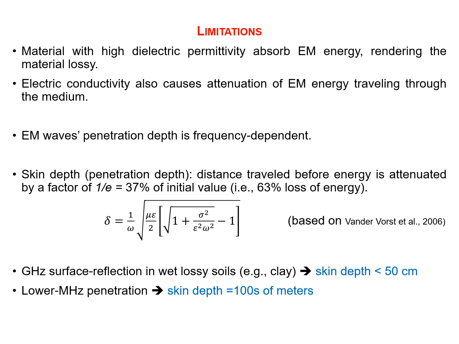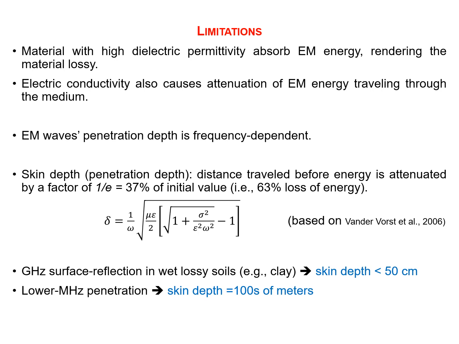A measure of penetration depth for EM waves is skin depth, which is basically the distance traveled before the EM energy is attenuated by a factor of 1 over e, or by 37%. Basically a loss of 63%.